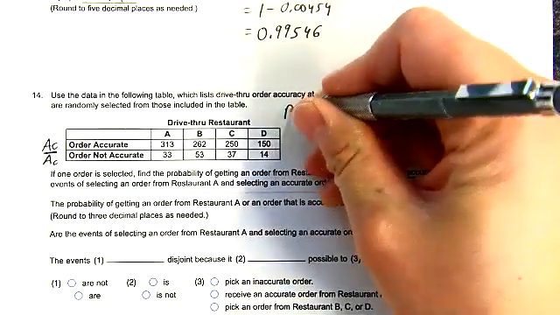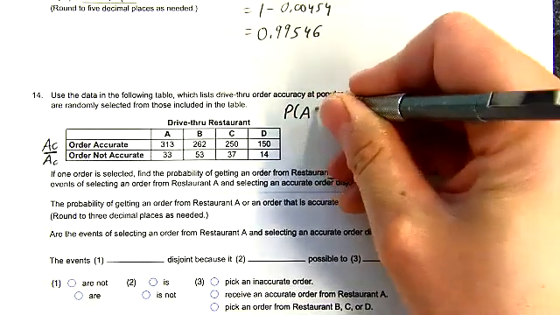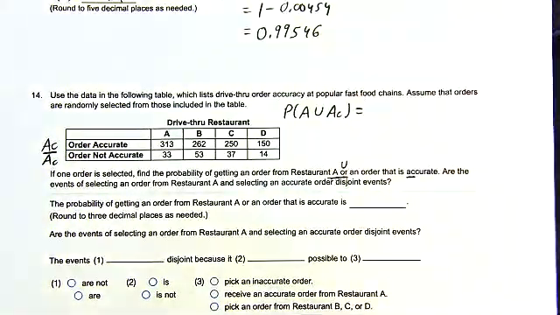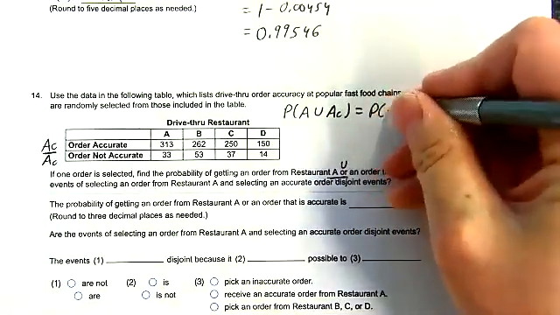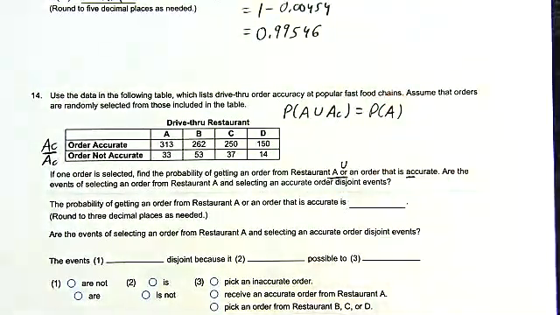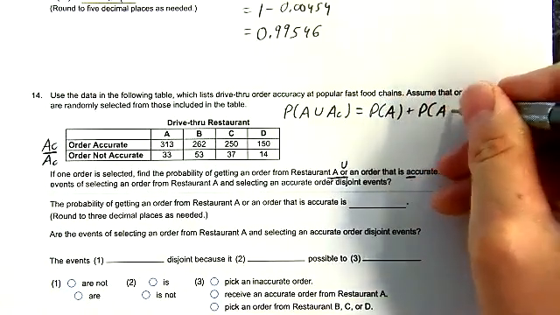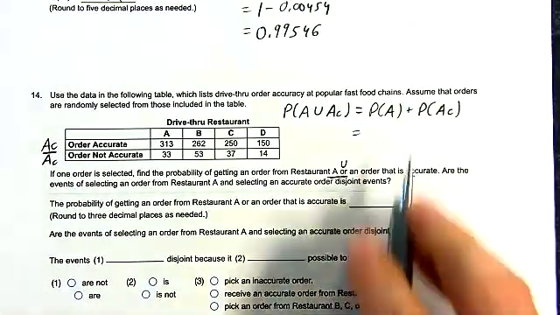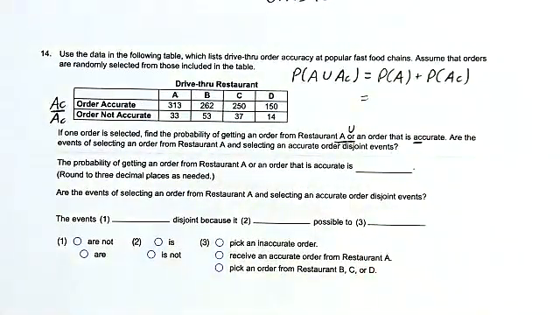So this would be the probability of getting an order from restaurant A or getting an accurate order. This is equal to the probability of getting an order from restaurant A plus getting an order from any restaurant that's accurate. So let's start with that. The probability of getting an order from restaurant A. Oops, I forgot the most important step.